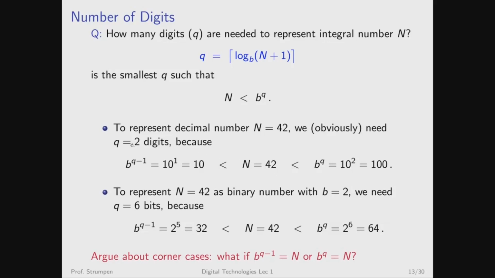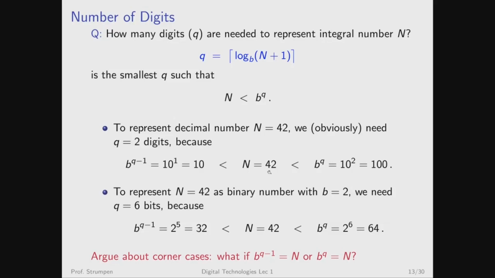But if we use 2 digits, then b to the q, 10 to the power of 2, is 100, which happens to be larger than 42. So with 2 digits, we can cover even larger numbers than 42, but 42 is also covered, and because it's not sufficient to have just 1 digit, 2 digits is the smallest number of digits necessary to represent decimal number 42.